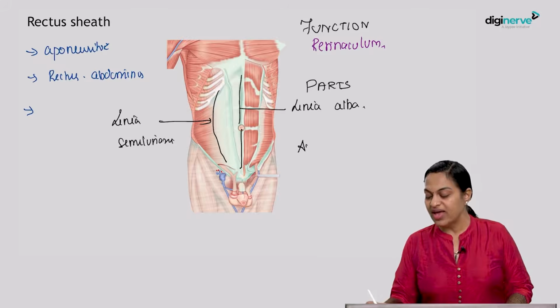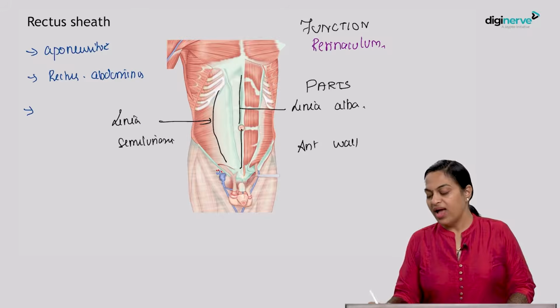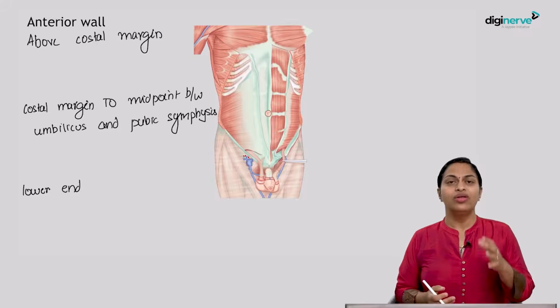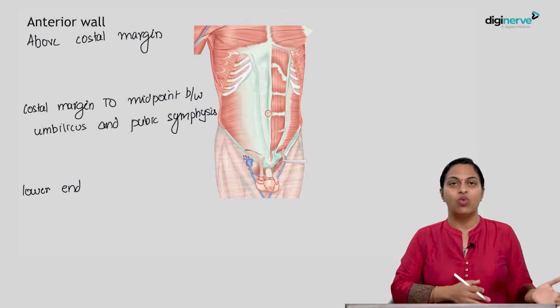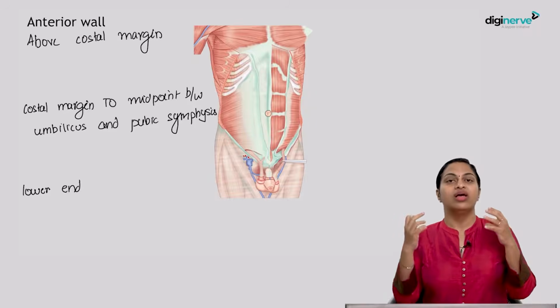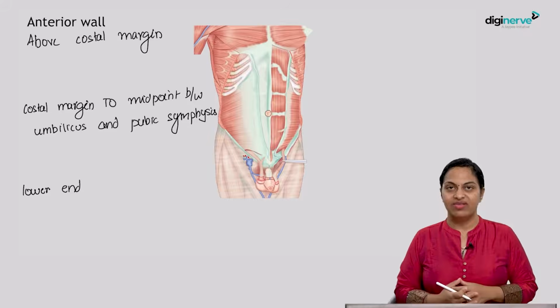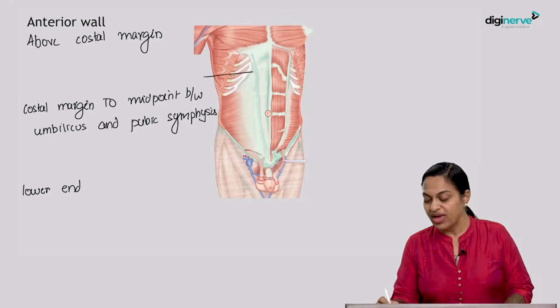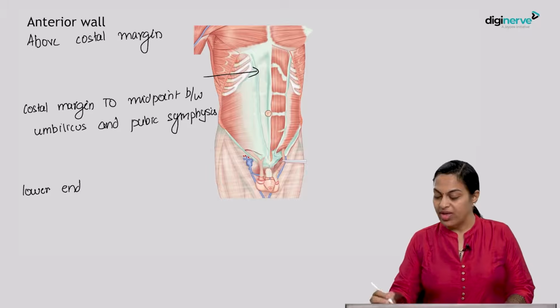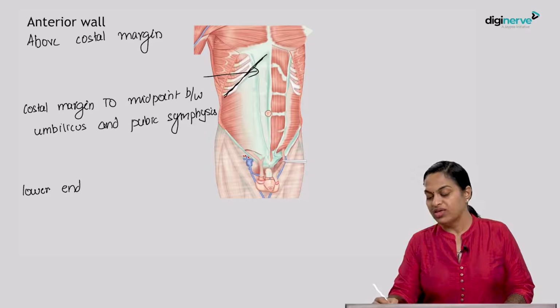So this has the anterior wall and the posterior wall. Now we are going to learn about the anterior wall and the posterior wall, their composition at different levels. So what you see here again is the anterior wall. This is the costal margin, right?